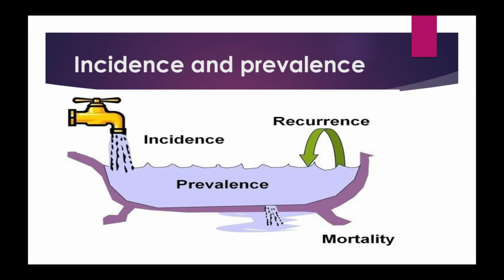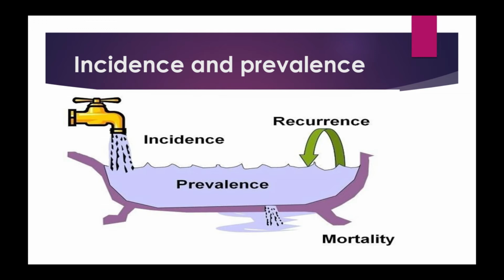So the overall population who are affected by the disease are counted under prevalence. Prevalence refers to the proportion of persons in a population who have a particular disease at a specified time period.